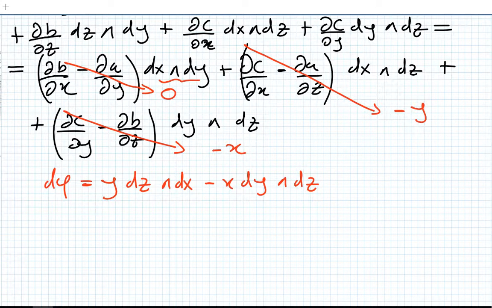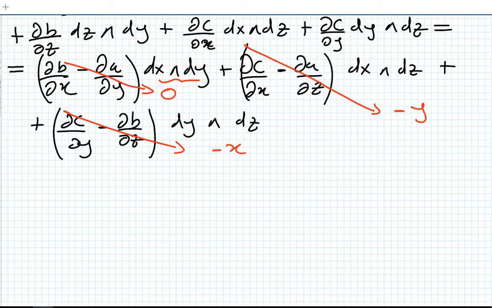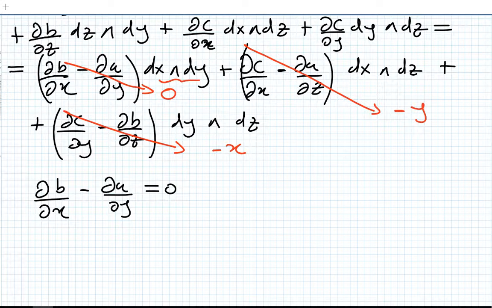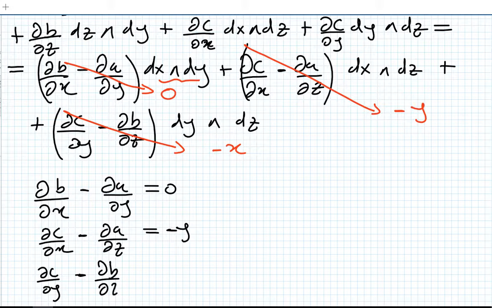Now it's only a question of writing this. So dB/dx minus dA/dy has to be 0. dC/dx minus dA/dz has to be minus y. And dC/dy minus dB/dz has to be minus x. Now we have to solve this system.